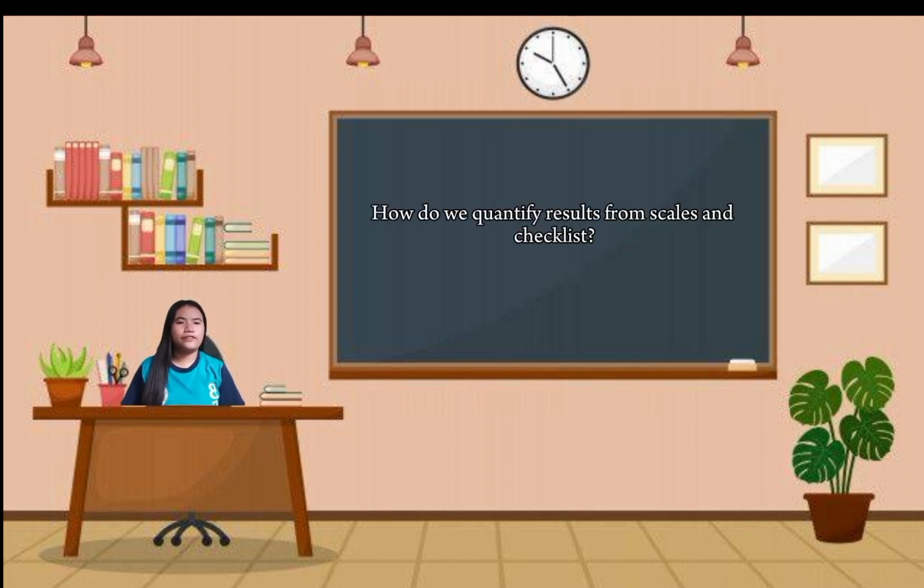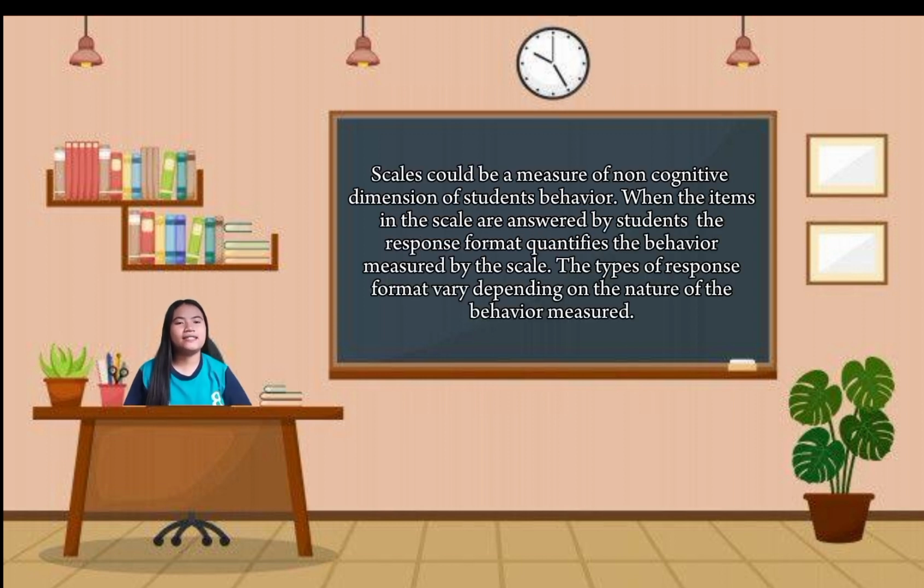How do we quantify results from skills and checklists? Skills could be a measure of non-cognitive dimensions of a student's behavior. When the items in the skill are answered by students, the response format quantifies the behavior measured by the skill.